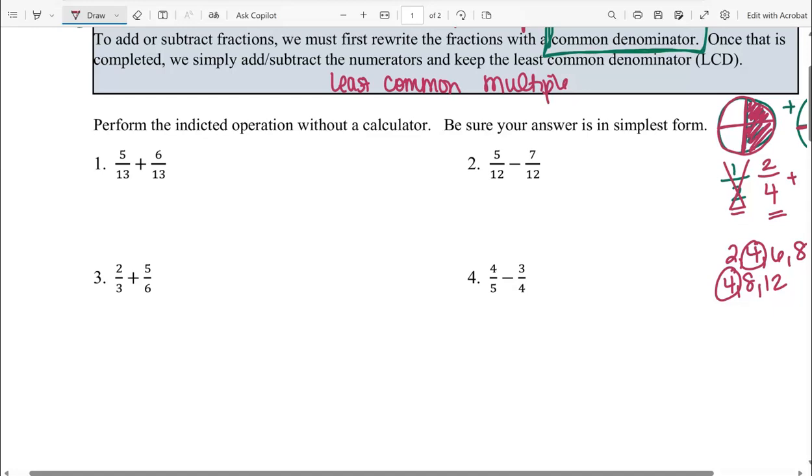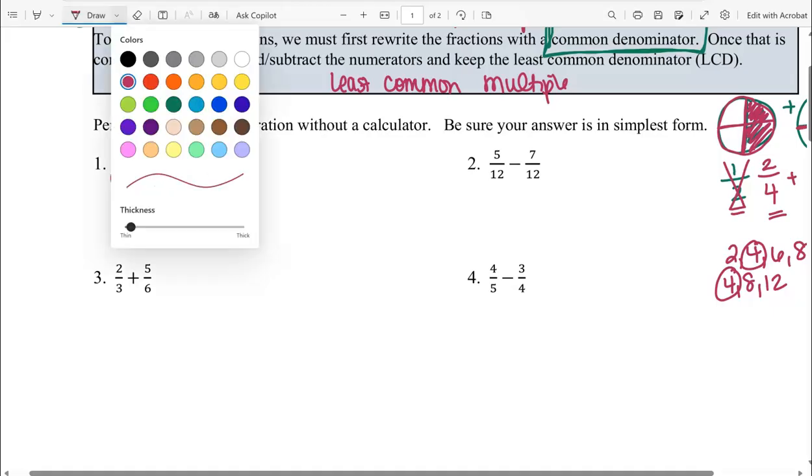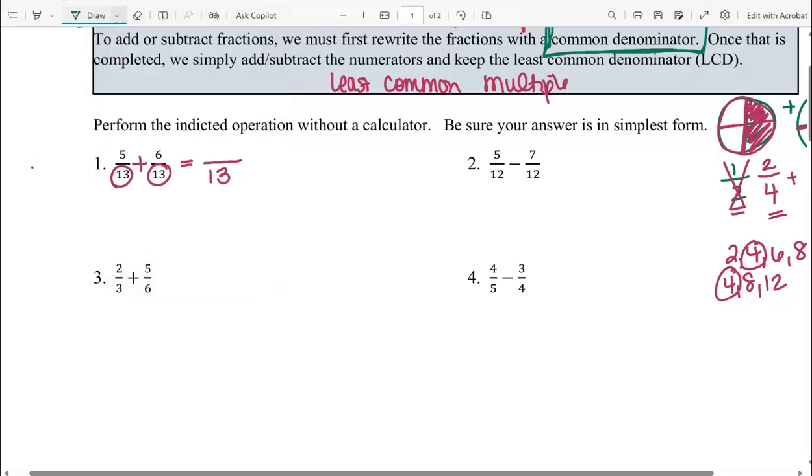Number 1, 5/13 plus 6/13. Because I'm adding, I have to have that common denominator, and the common denominator will stay common. Then I just add across the top. 5 plus 6 is 11. And the common denominator stays common.